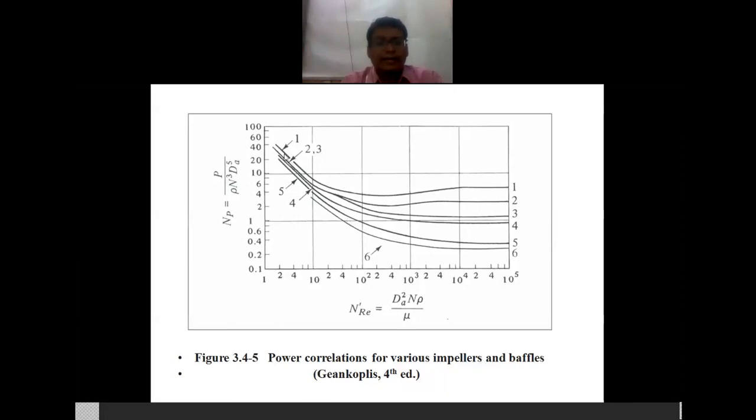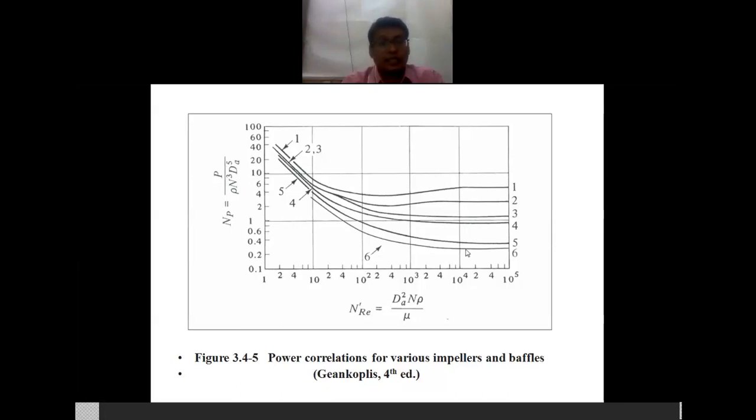Now at lower Reynolds number values, that is from 1, 10 and 100, the power number values are not varying much. If you take 1 to 10, it is more or less constant. The power number is almost the same. However, the power number varies drastically at higher values of Reynolds number.